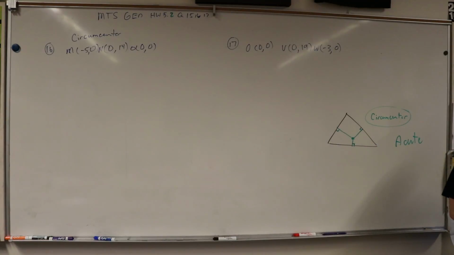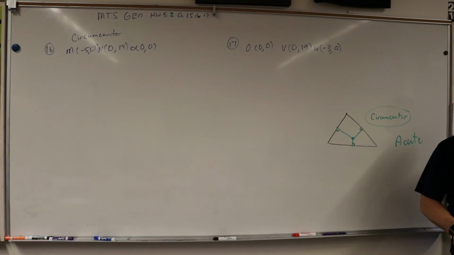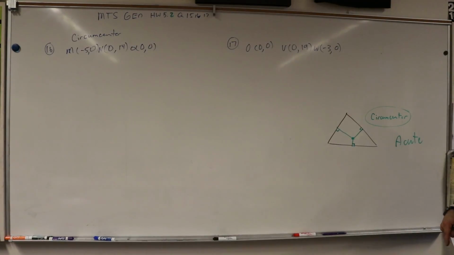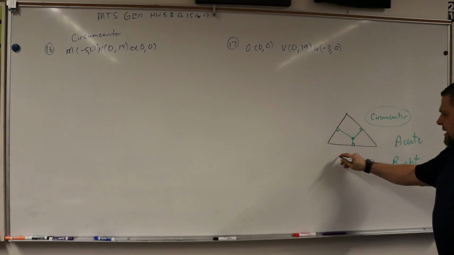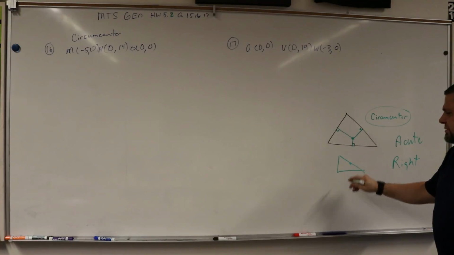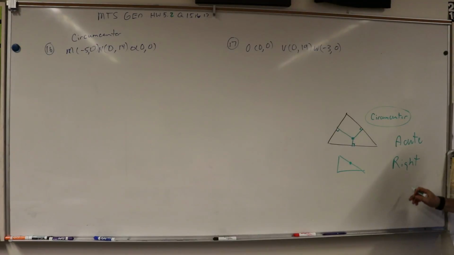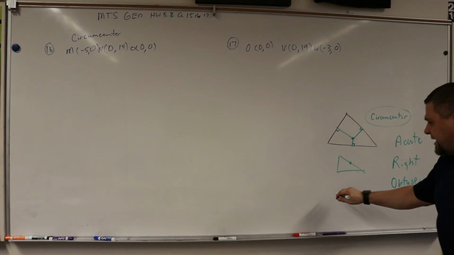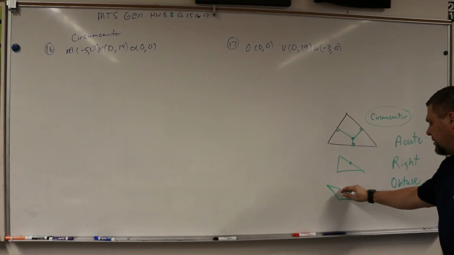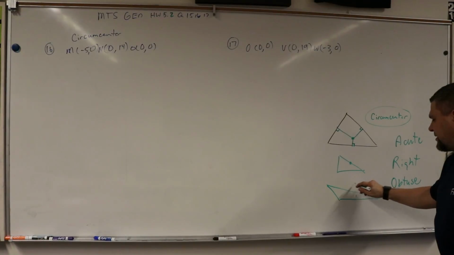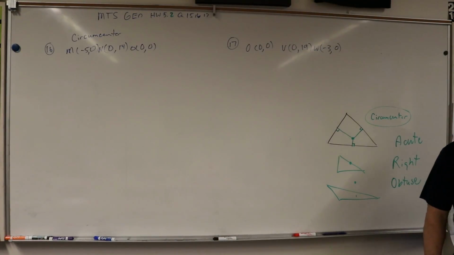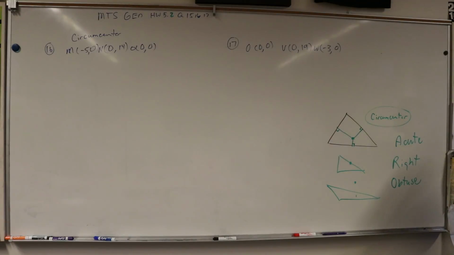If it's a right triangle, it's going to be on the hypotenuse. And then an obtuse is going to be outside. Okay? It's going to be outside the triangle. And the key to the circumcenter is this.